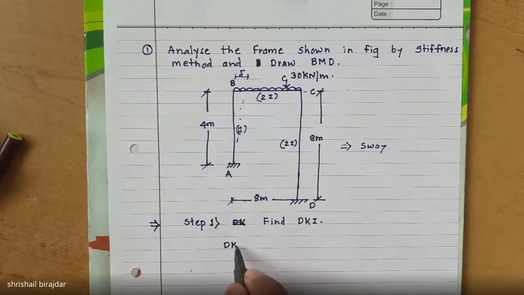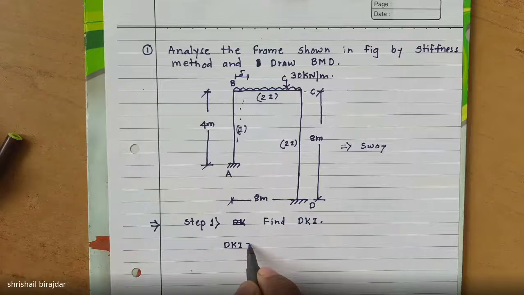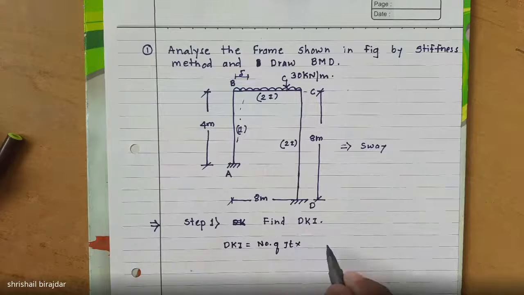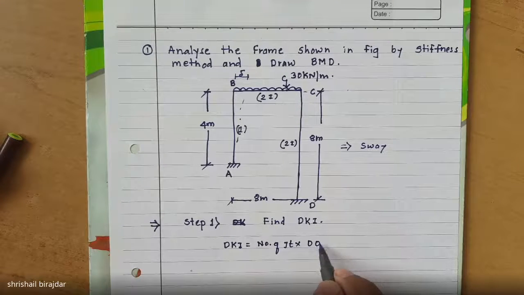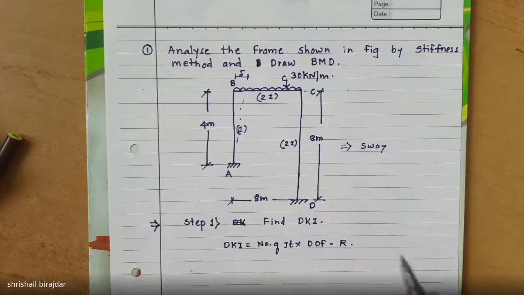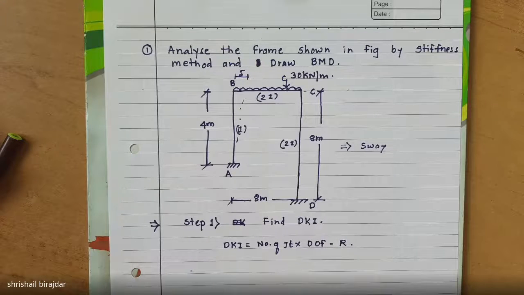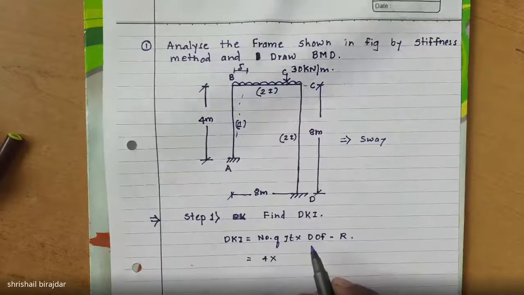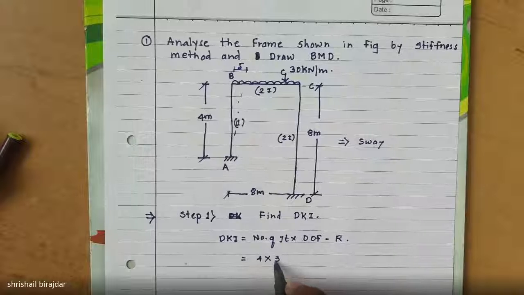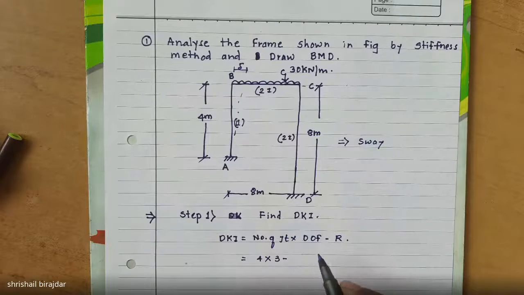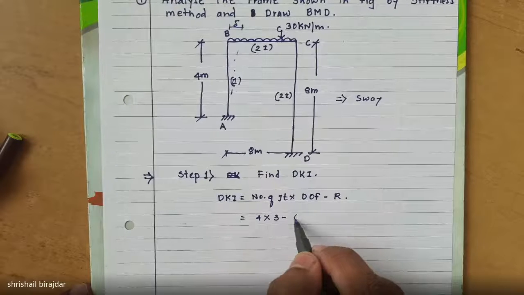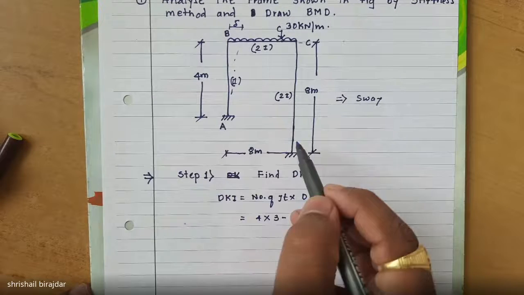DKI equal to, we know the formula, number of joints multiplied by degrees of freedom minus reactions. Here we have 4 joints available, A, B, C, D, and degrees of freedom for each node we consider here is 3, and number of reactions available at the supports are 6. 3 plus 3, 6.